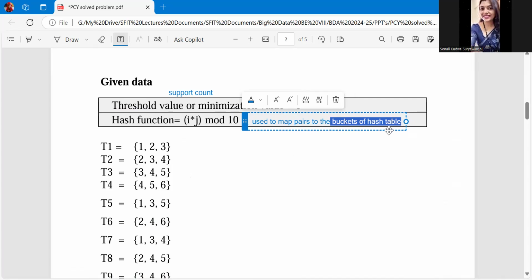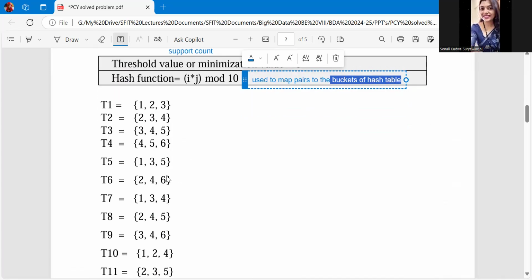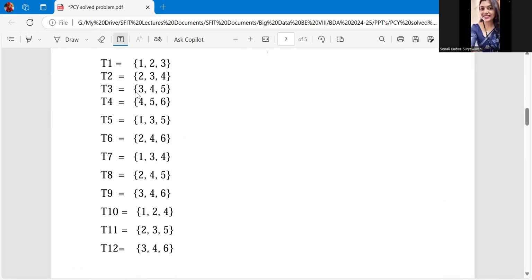This hash table will help us understand which candidate pairs are frequent pairs that we can take forward to the next phase. So let's assume the transaction table is given in this way, and in each transaction some items have been bought.